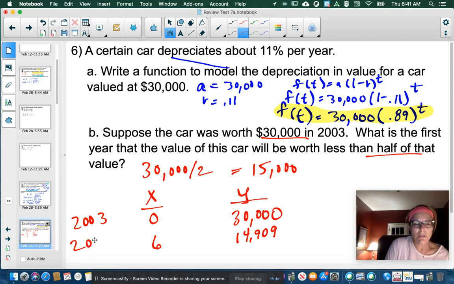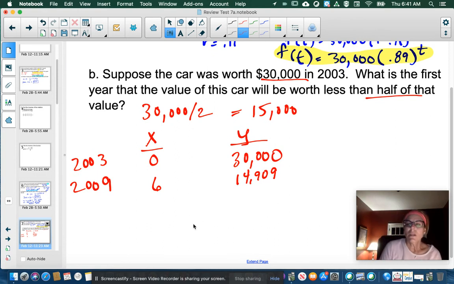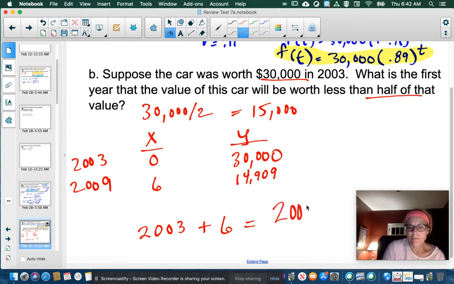Well, that would be obviously in the year 2009. So that's really our answer, 2009, because we started in 2003. After 6 years, the value of the car will be worth 14,909. So that's less than half of the 30,000. Done.